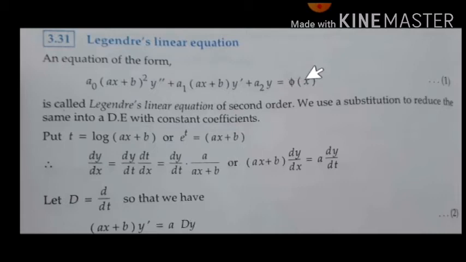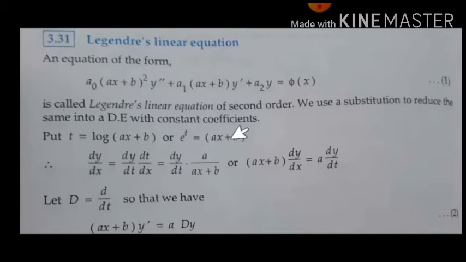And on the right hand side, I am converting everything in terms of t with this substitution, so x should also get converted in terms of t. From this step I can write x. How? Bring this b to the left side, so ax is e to the power of t minus b, so x will be e to the power of t minus b divided by a.